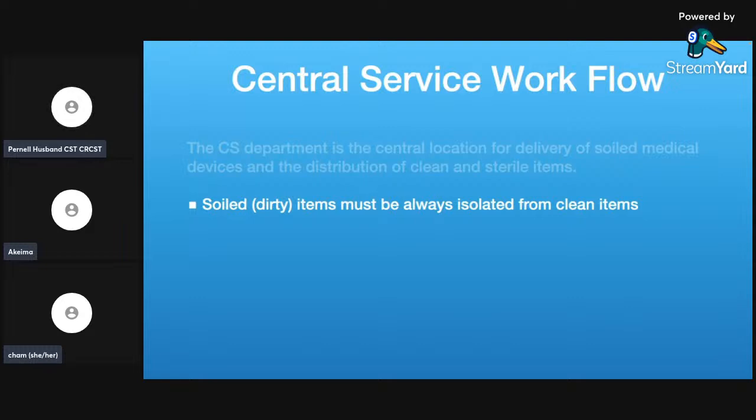In our context, we're talking about surgical instrumentation or equipment. That's the dividing line. We don't do linens. We don't do floors. It's strictly taking care of items that are required for surgical procedures.